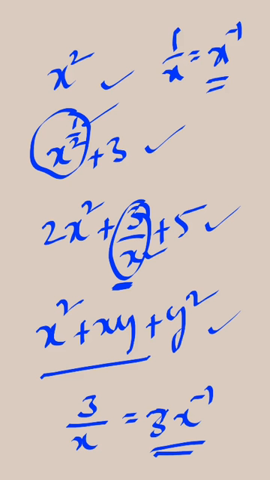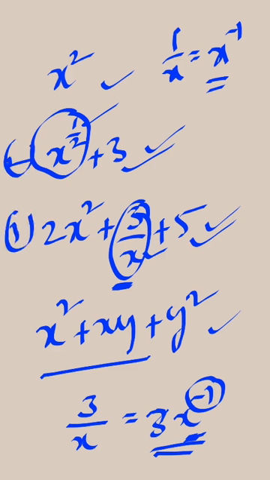So here the power of the variable is a negative number. That's the reason the second one and the third one, these two, are not polynomials. Why? Because the powers of the variables are fractions and negative numbers. I hope you understand well.